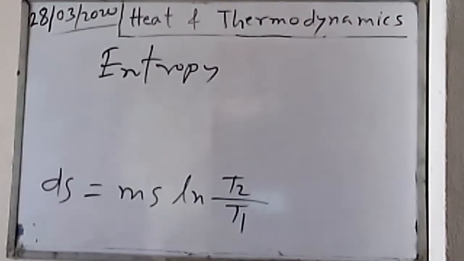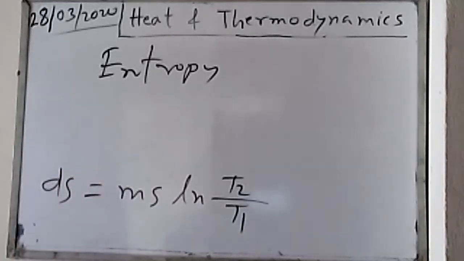Now, problem 3. Problem 3 says: calculate the total increase in entropy when 1 gram of ice at minus 10 degrees Celsius is converted into steam at 100 degrees Celsius.